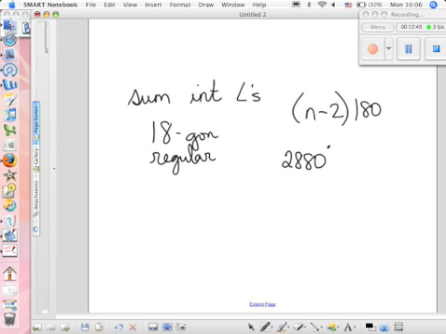So we divide by 18. To find each interior angle, I take what all of them add up to and divide by how many there are. It's like saying I have $2,880 and I'm going to split it evenly with 18 people. You divide it by 18 and figure out what it is.